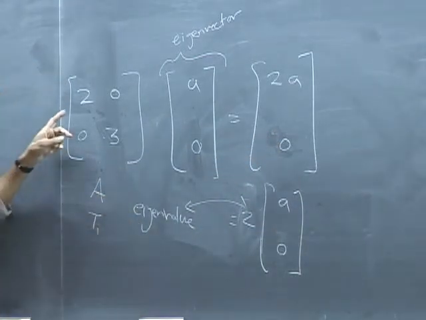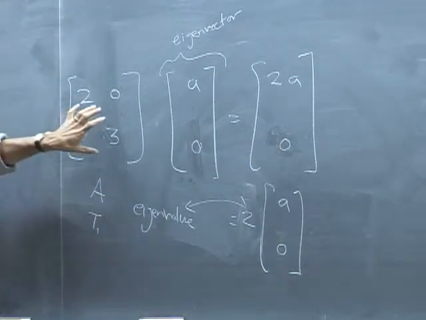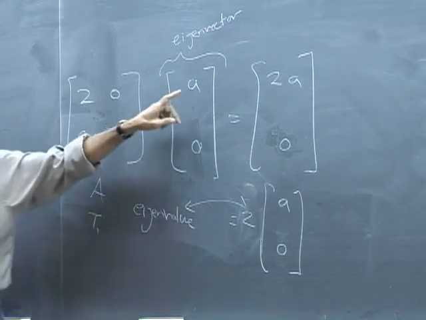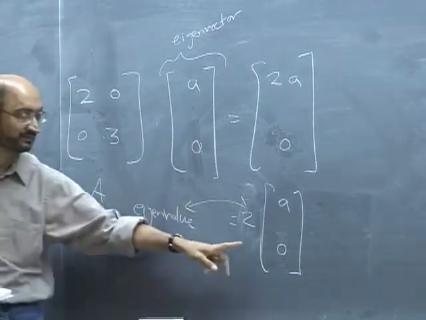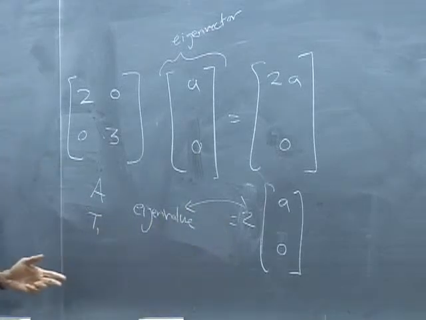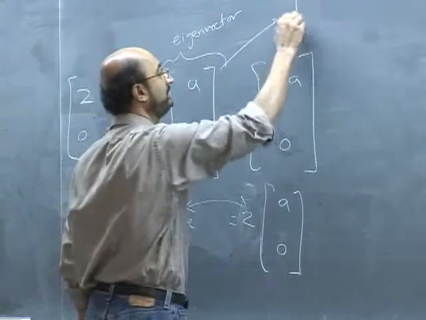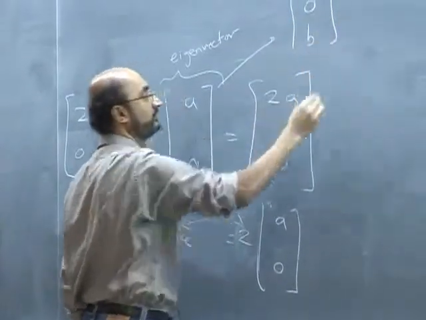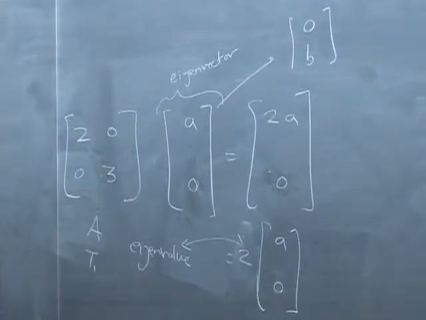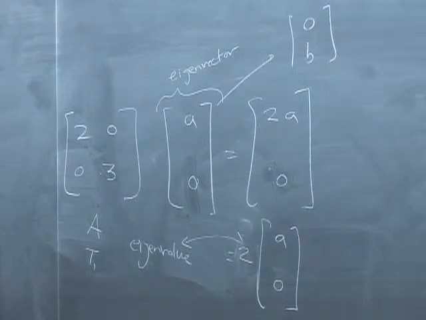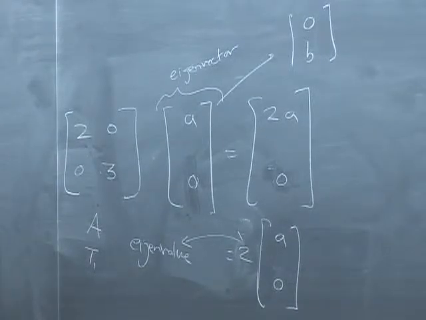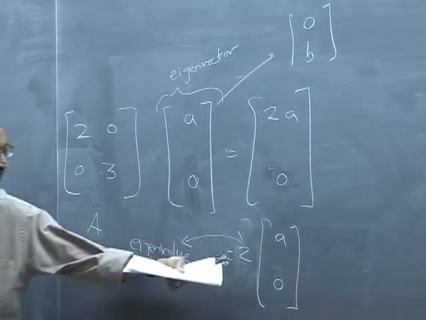So as you can see, this works. The multiplication of this matrix on this particular vector a, 0 is going to give me a scalar multiple of 2, 0. And the other multiple is just going to be 0, b, which is going to give me the value 3 times 0, b. So it's very important to realize that the eigenvalue, this multiple over here, is not general.